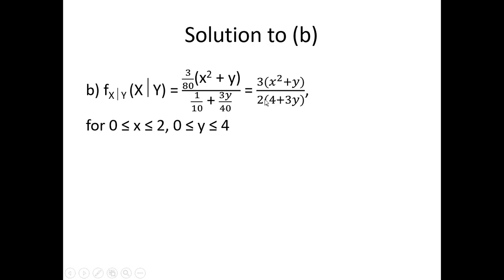After simplifying, you see we end up with 3 times (x squared plus y) over 2 times (4 plus 3y). Now it's much easier if you simplify here, especially if you have some follow-up probabilities to calculate. Your integral would be much easier if you have this simplified expression.